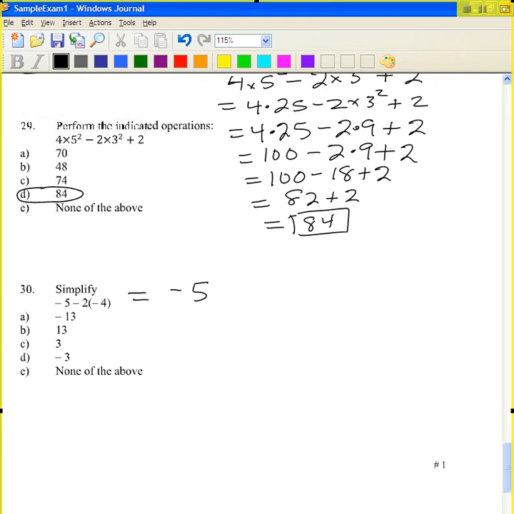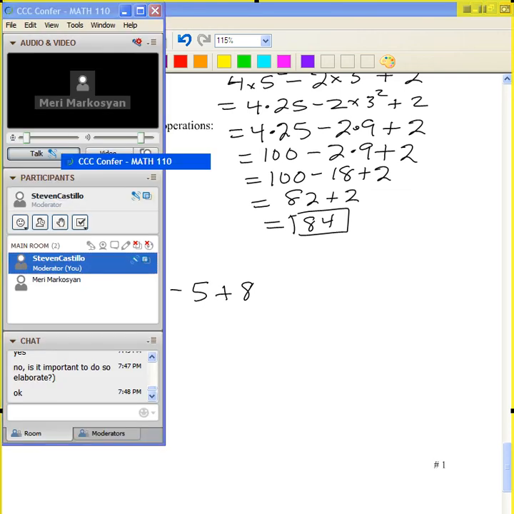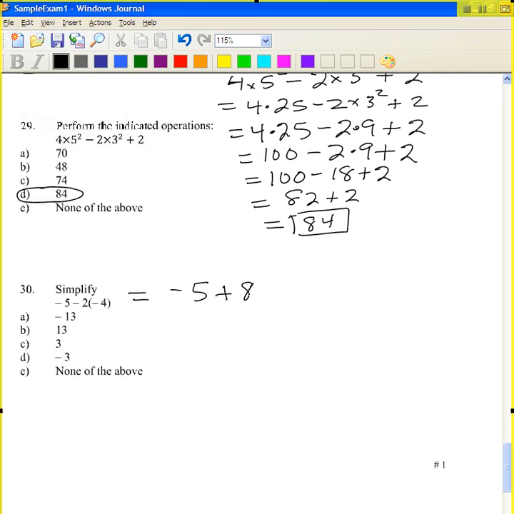But if you want partial credit, then yes, you should write all that out in that order. It's important that you do it in that order so you get the correct answer. Negative 2 times negative 4, positive 8. Negative 5 plus 8 is positive 3. And so C.